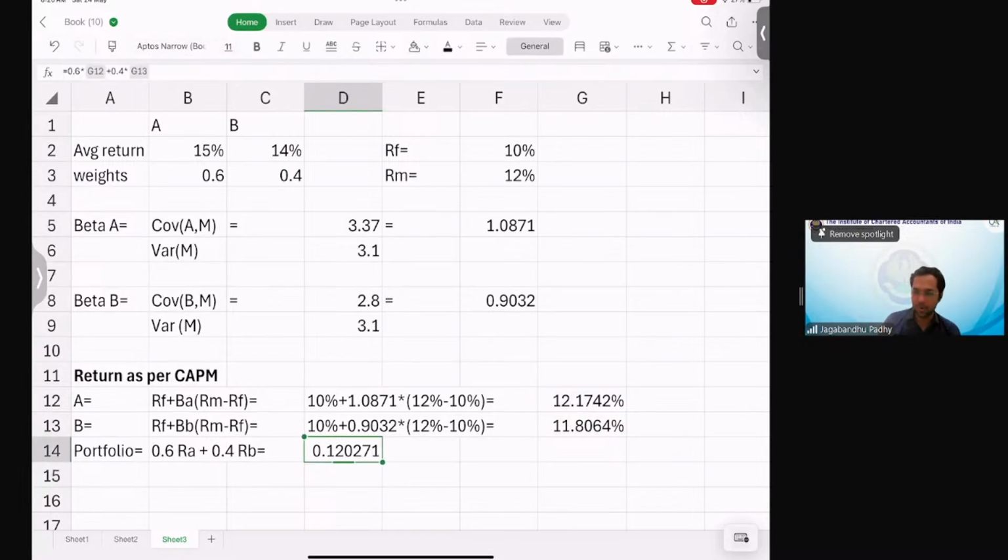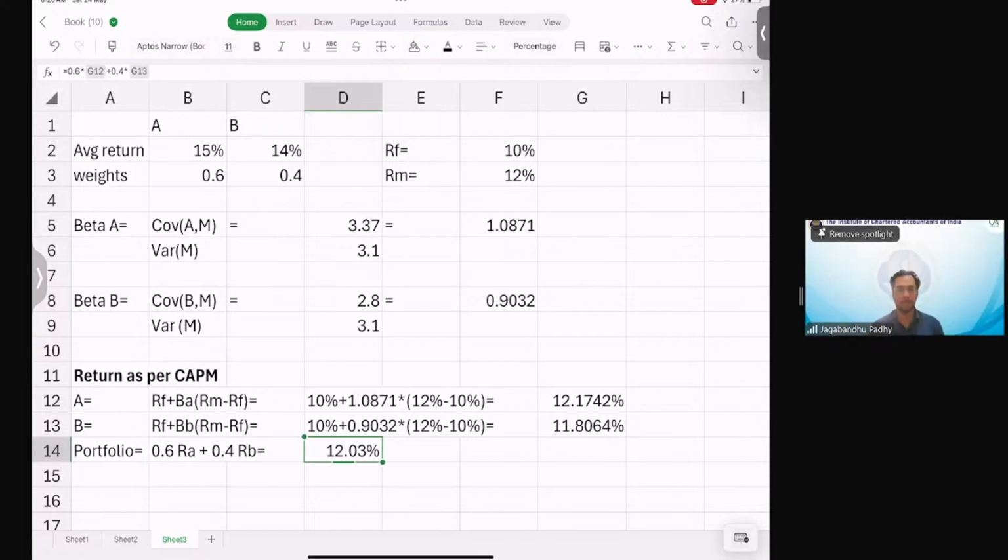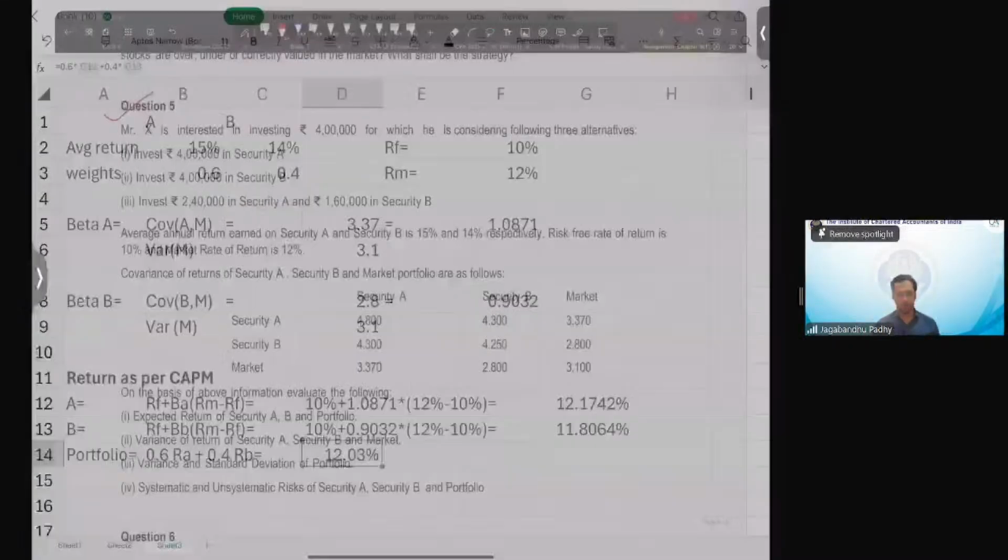Okay, so that's 12.03%. That's the portfolio return.